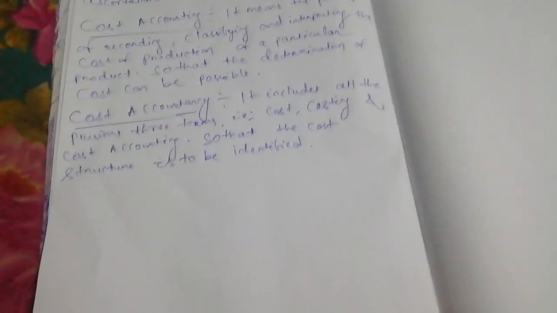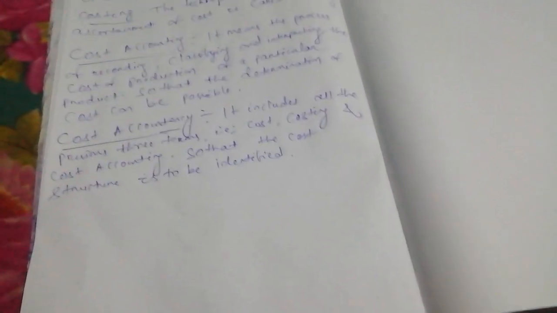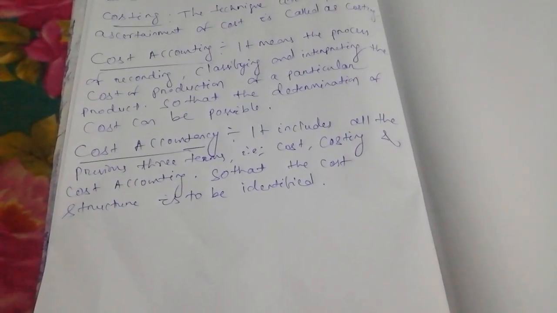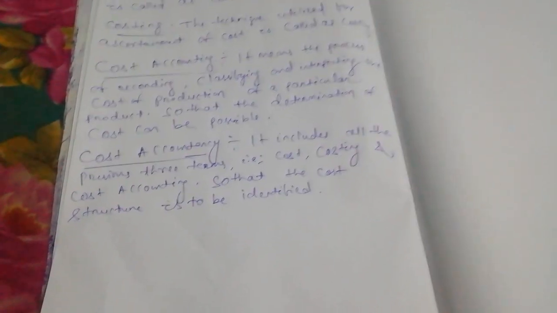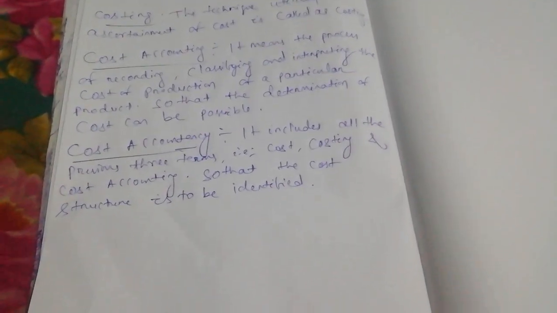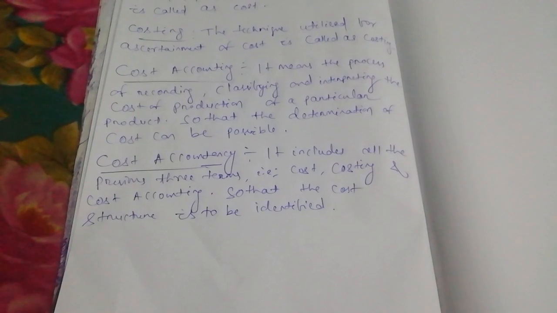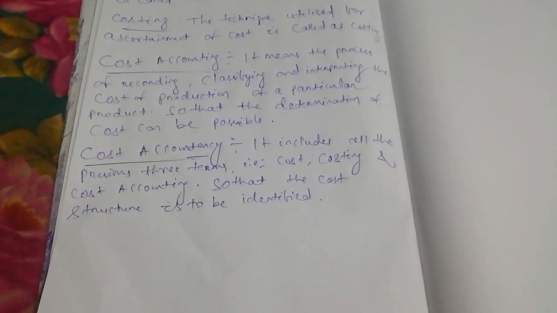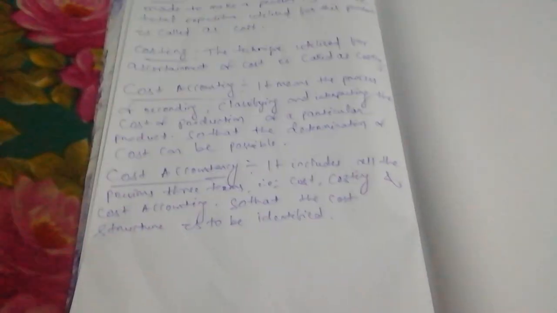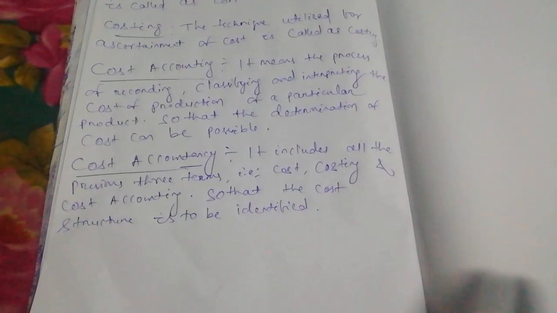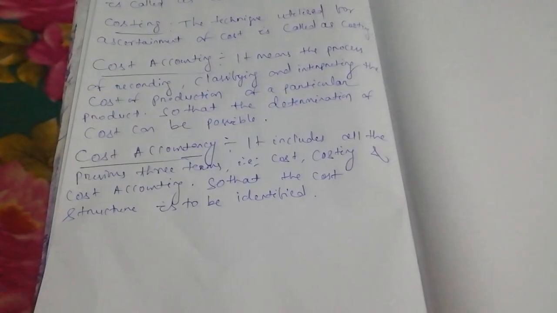Basically, the total structure of cost includes total determination of cost, total technique of cost and total expenditure which are to be expended for getting a particular product. So all the techniques, all the elements and all the activities of cost are to be included in this cost accountancy.